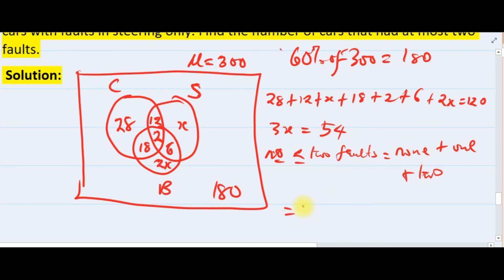So none is 180, plus 1 fault. 1 fault is 28, x and 2x. That's 28 plus 3x. Why 2 faults? 2 faults is 18, 12 and 6. So 18 plus 18 plus 18, 36.